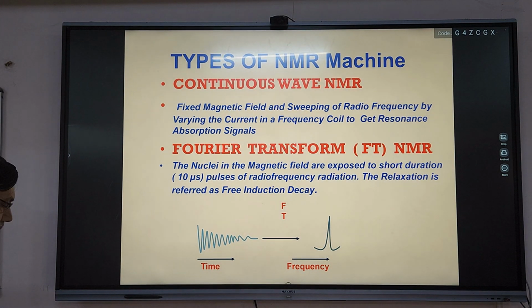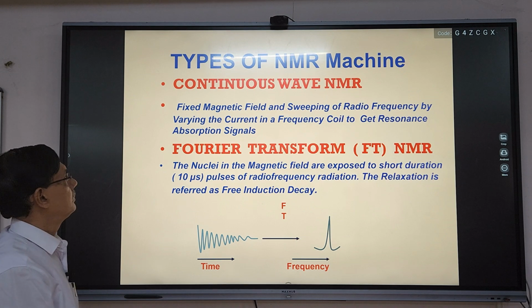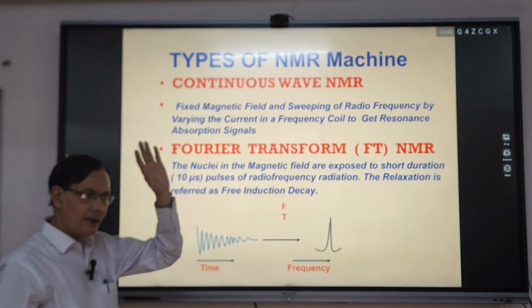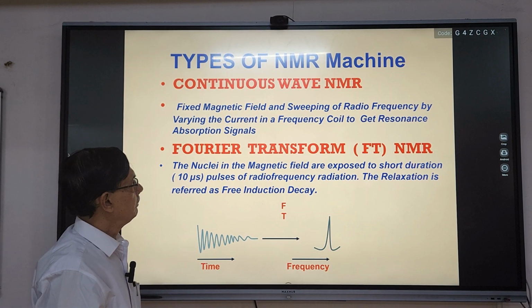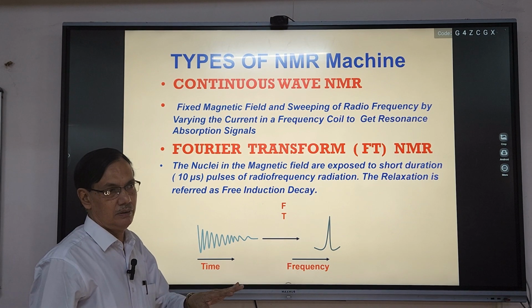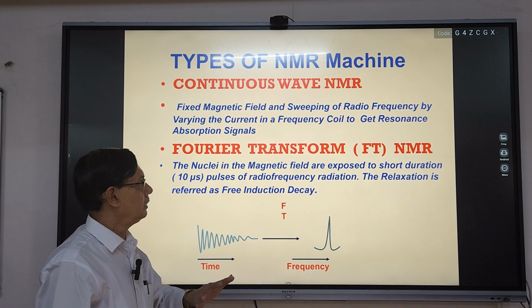And now I must tell you that basically there are two types of NMR machine. Long back people were using the continuous wave NMR. Now we are not using that.